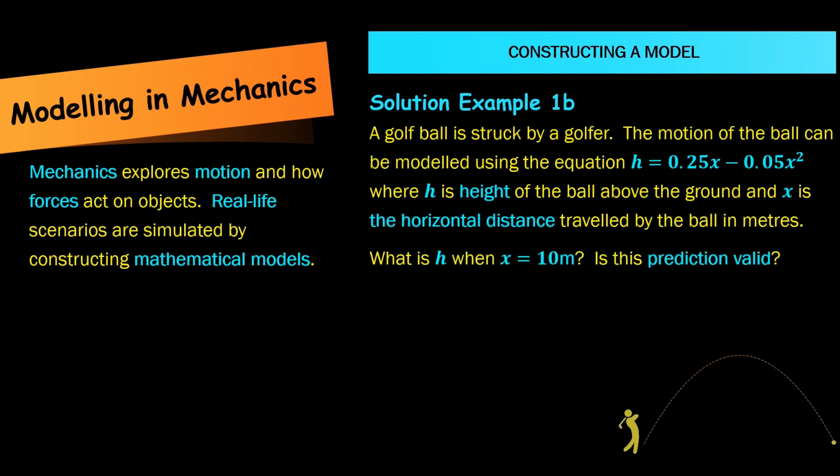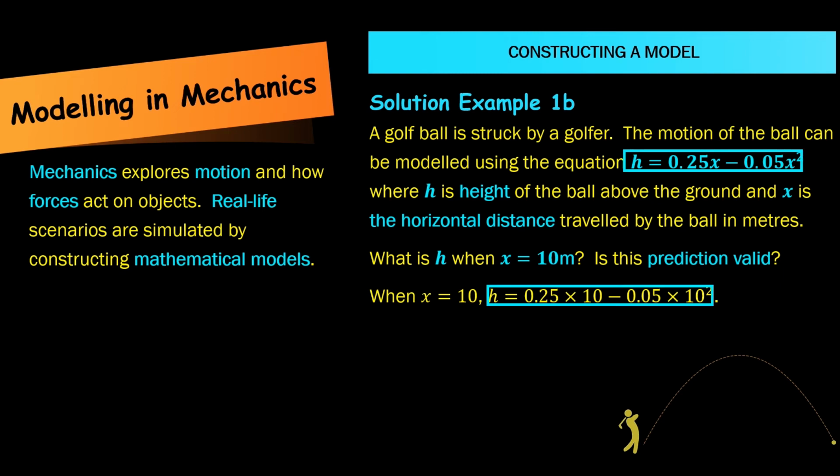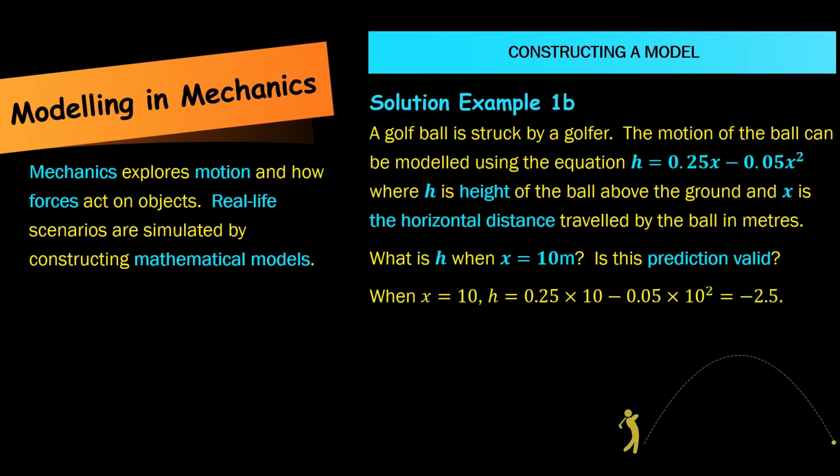And now for part B. What is h when x equals 10 meters? Is this prediction valid? When x equals 10, we plug that into the equation for h, as shown here. And of course, x equals 10 has been plugged in here and here to give us that h equals minus 2.5.